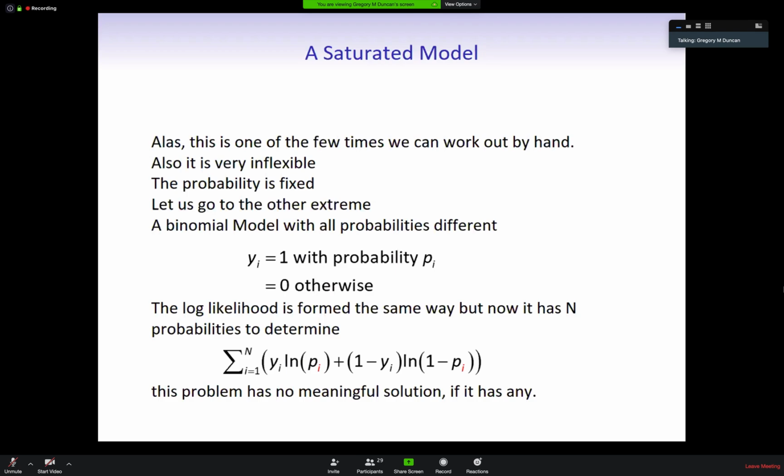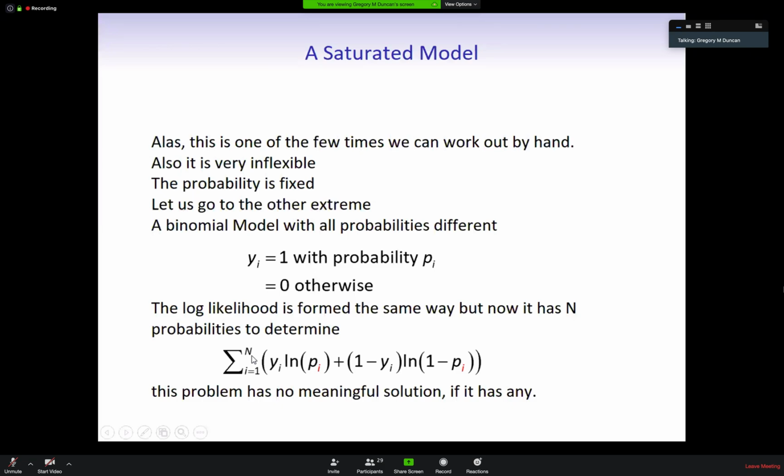You can play with L'Hopital's rule and get something that looks like it might make sense, but it really doesn't. Basically, this problem has no solution. You will find that's the case generally if you have as many or more unknown parameters, pi, as you have observations. Here we have exactly as many parameters. We have n parameters pi as we have observations.